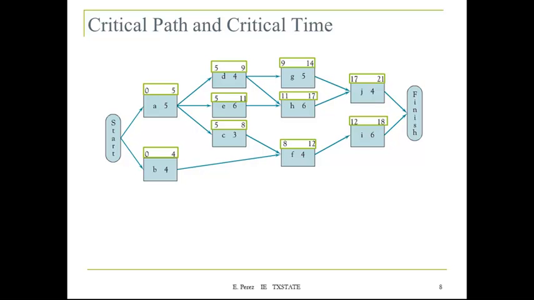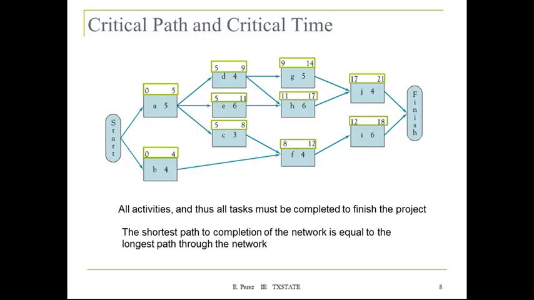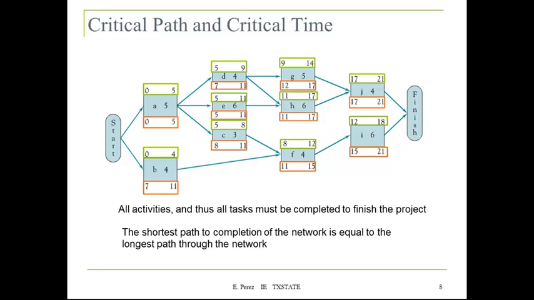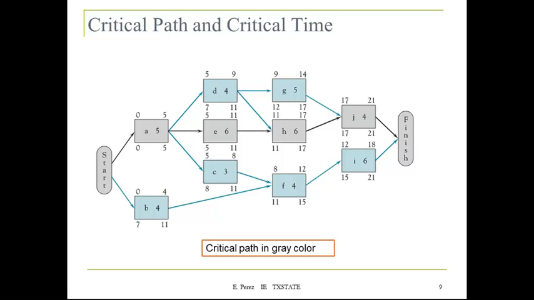And we can go back. All activities and all tasks will be completed to finish the project. So the shortest path to completion of the project is equal to the longest path through the network. Going back, we can identify the latest finish time and the latest starting time, and that's the information that we're going to use to determine the slack of the activity. The critical path for this example is highlighted here in gray.